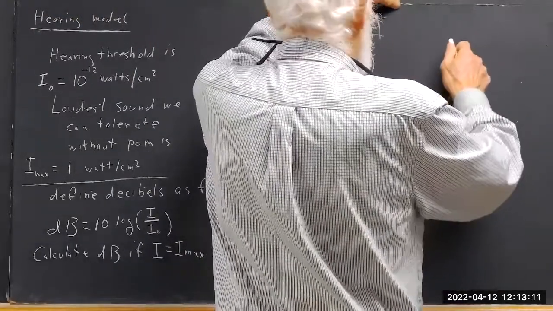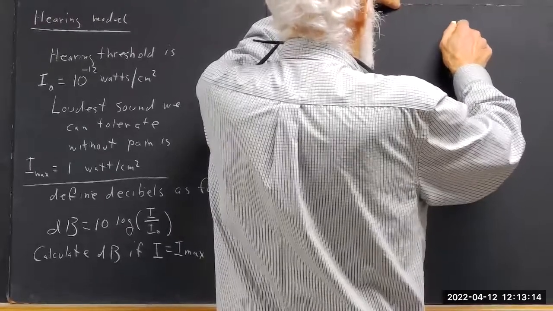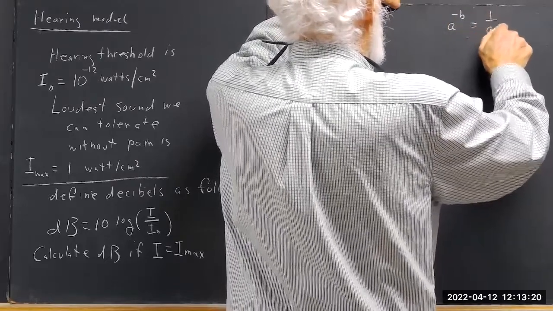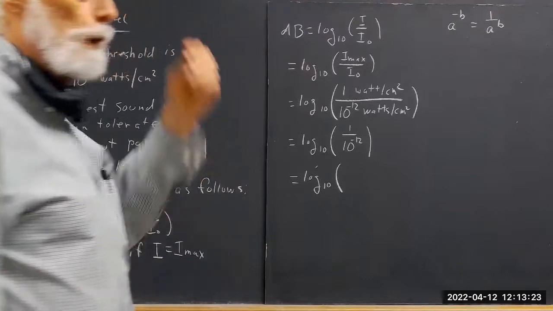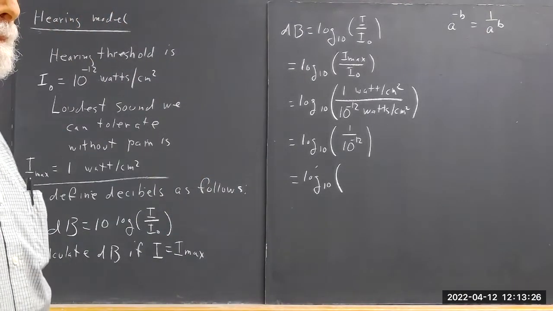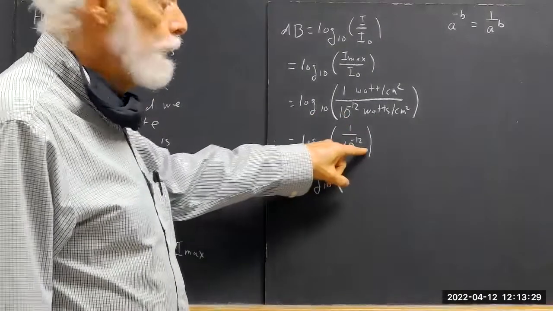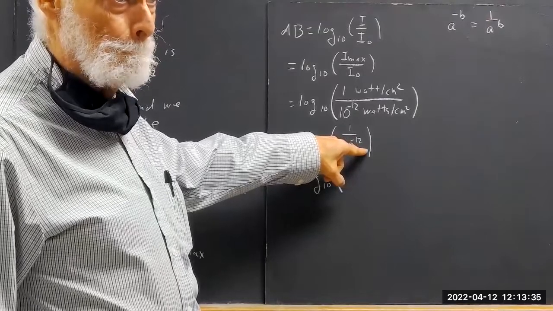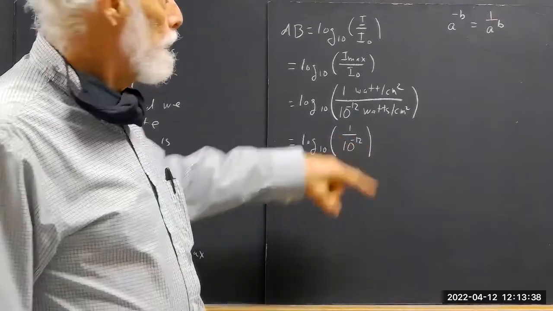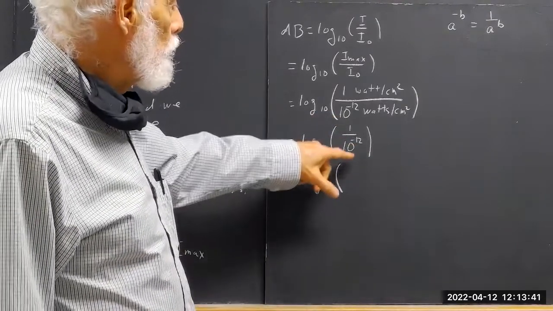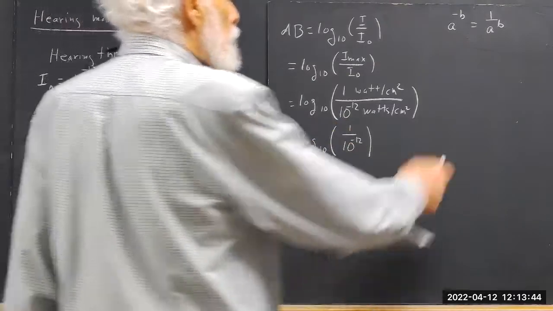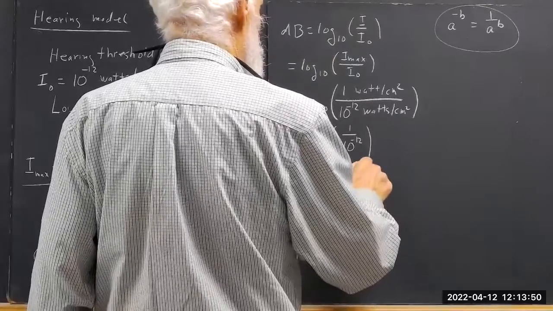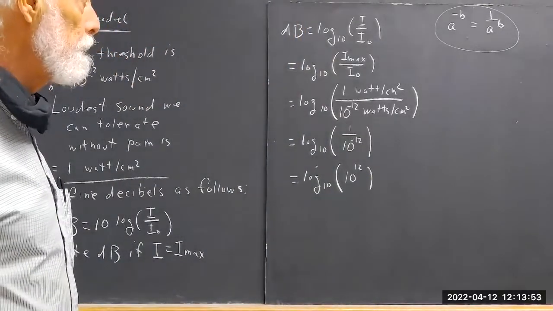Still, your rule is, remember that a to the negative b is 1 over a to the b, right? Well, you have a 1 over a to the b here, with b equal to what? Negative 12, right? Well, 1 over 10 to the negative 12 by this rule is 10 to the 12.